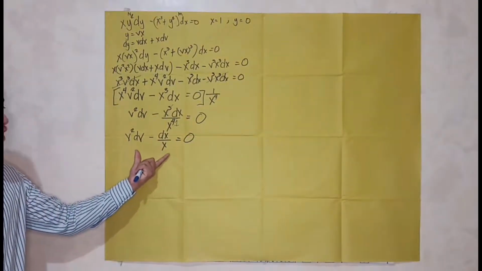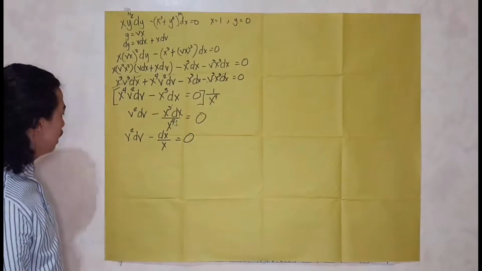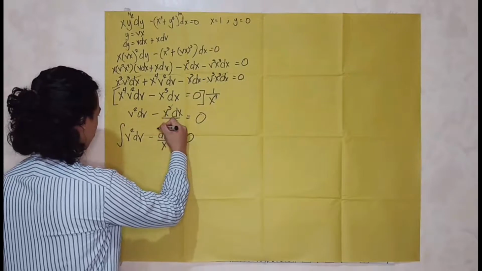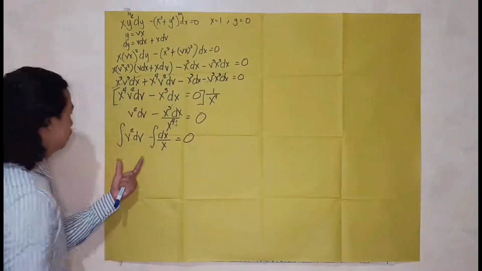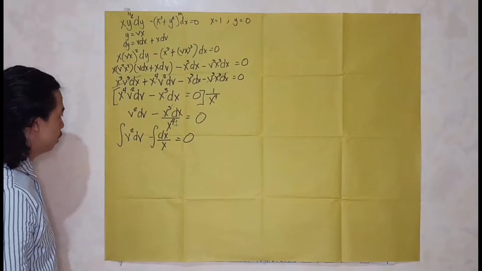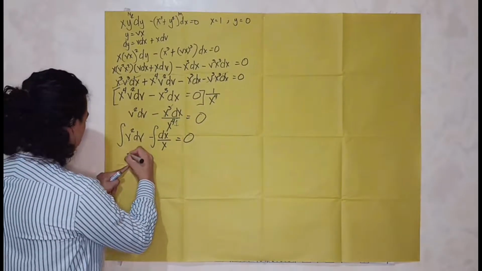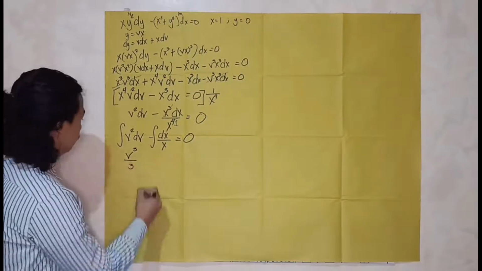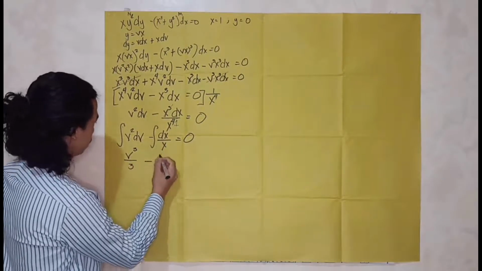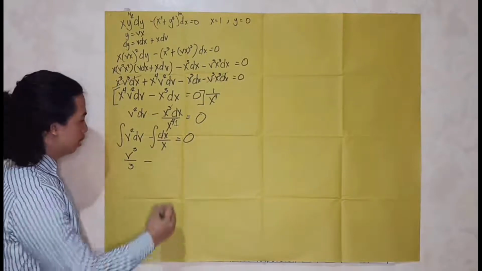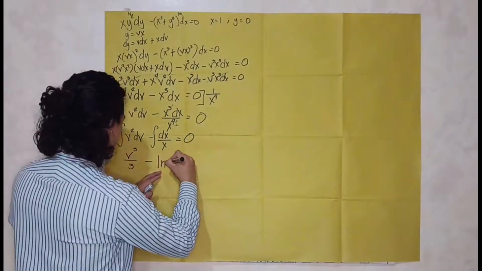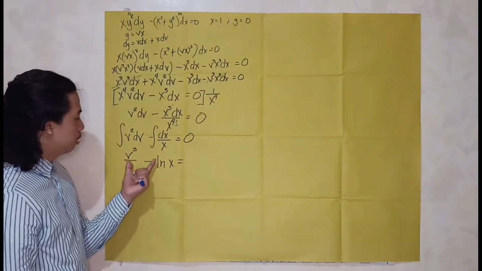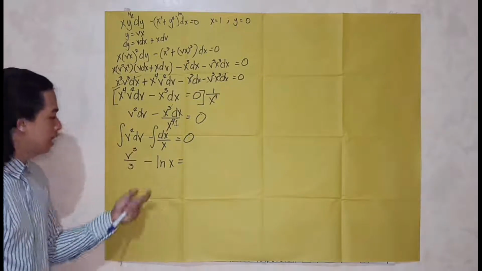Then, na pag-iwalay na natin yung variables, pwede na tayong mag-integrate. Integrate both sides. So, integral of v squared dv is v cube over 3 minus integral of dx over x is ln x is equals to, so, di ba pag nag-integrate tayo, nagkakaroon ng c.